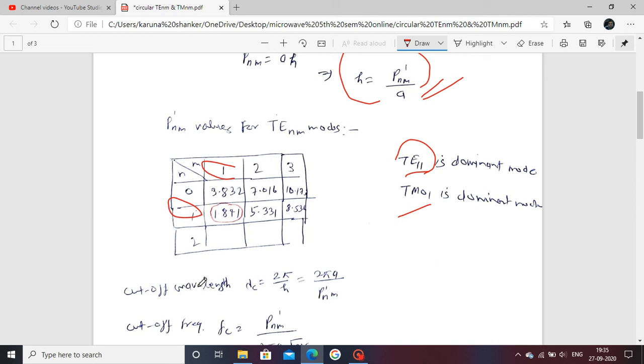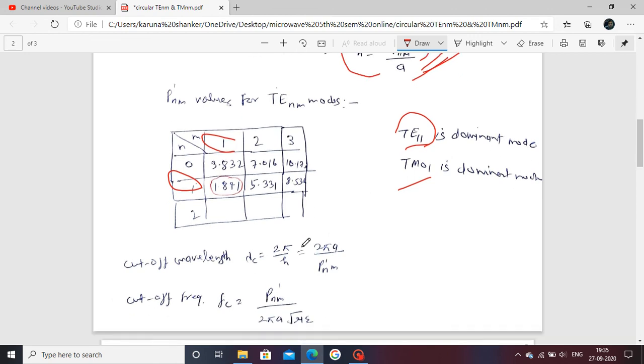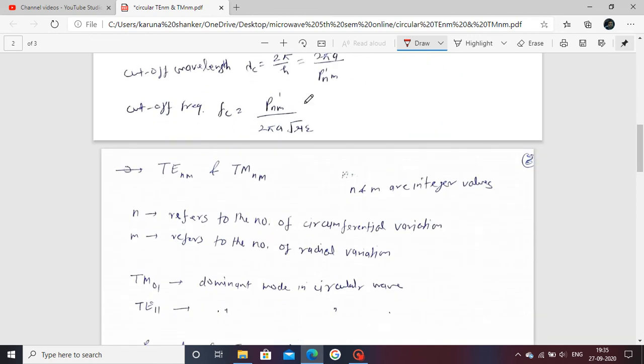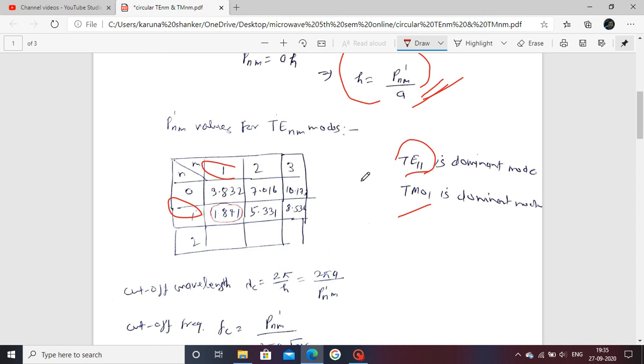The cutoff wavelength is given by the relation 2 pi by h, where h is put into this relation, and in a similar way the cutoff frequency is P'nm upon 2 pi a root mu epsilon. This is the dominant mode TE11, from the table for the TE nm mode.